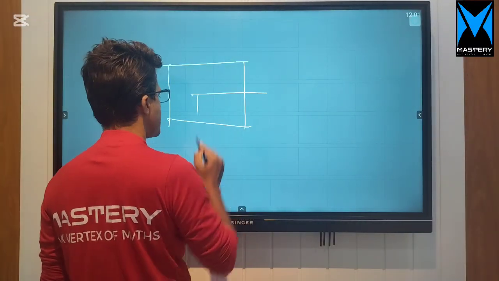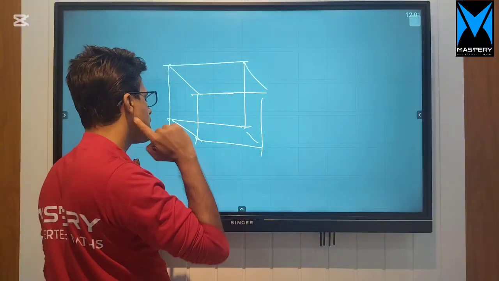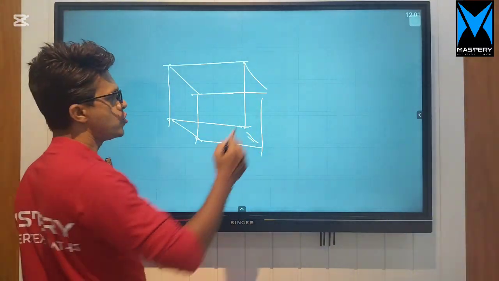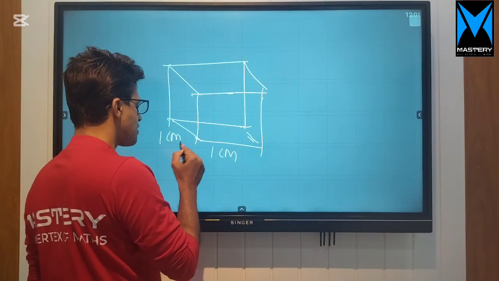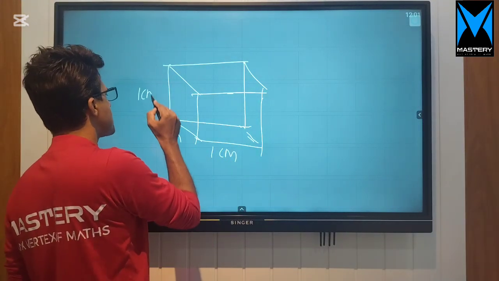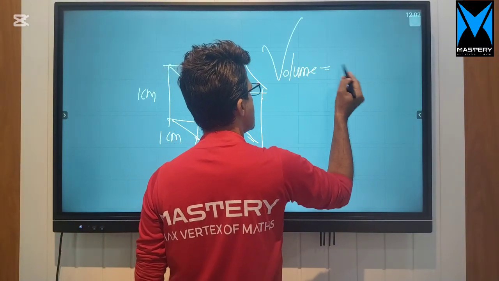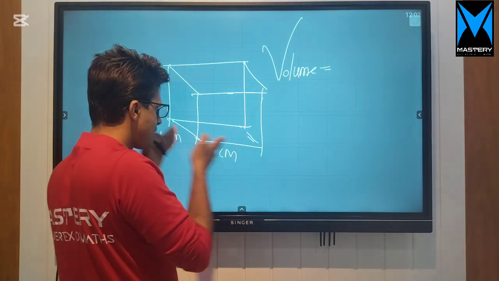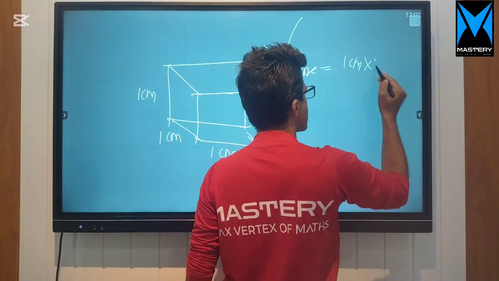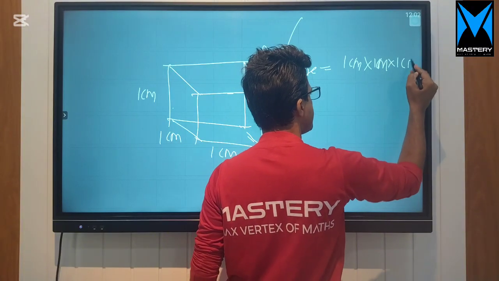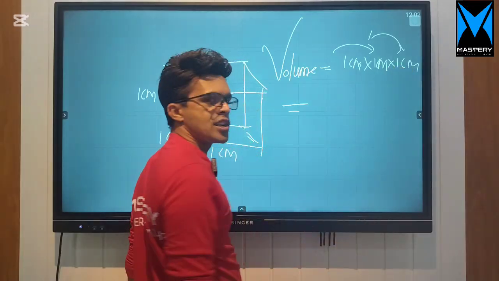So here is a cube. Let's get the volume of this cube. Here is a wooden block, just to think of it. The length is 1 cm, breadth is 1 cm, height is 1 cm. We get the volume by multiplying these values: 1 into 1 into 1. 1 into 1 is 1, 1 into 1 is 1.